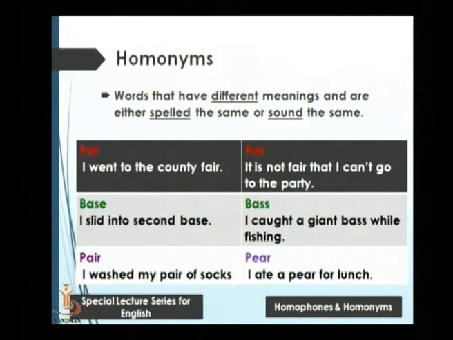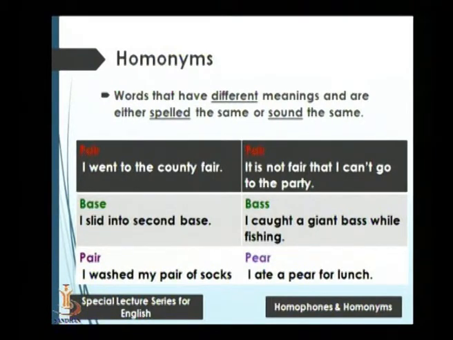If somebody is stopping you from going somewhere and you are asserting your right, you say this is not fair. The same word fair is used; spelling is the same, pronunciation is the same, but the meaning is different.